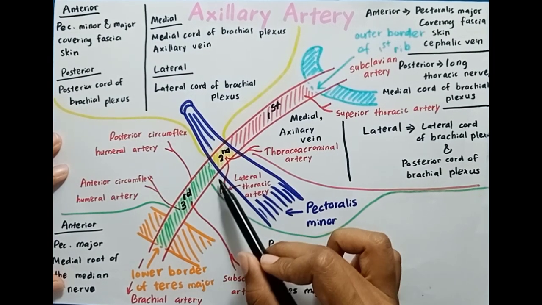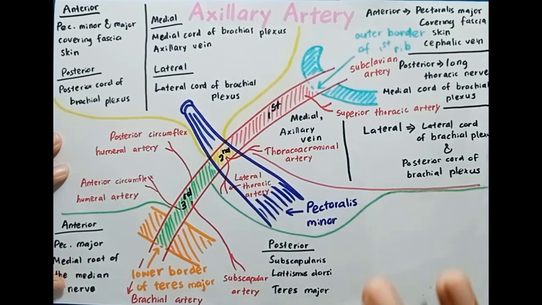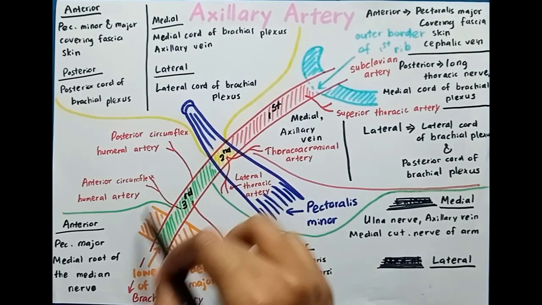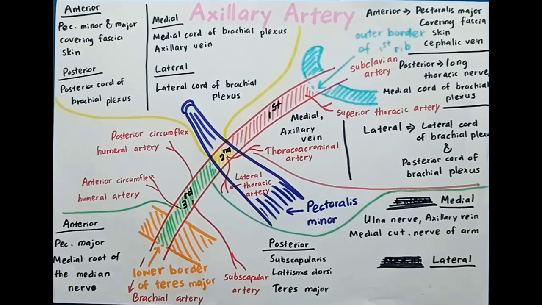From the medial side, the ulnar nerve, axillary vein and the medial cutaneous nerve of the arm are present. From the lateral side, you can see the coracobrachialis, biceps and humerus.